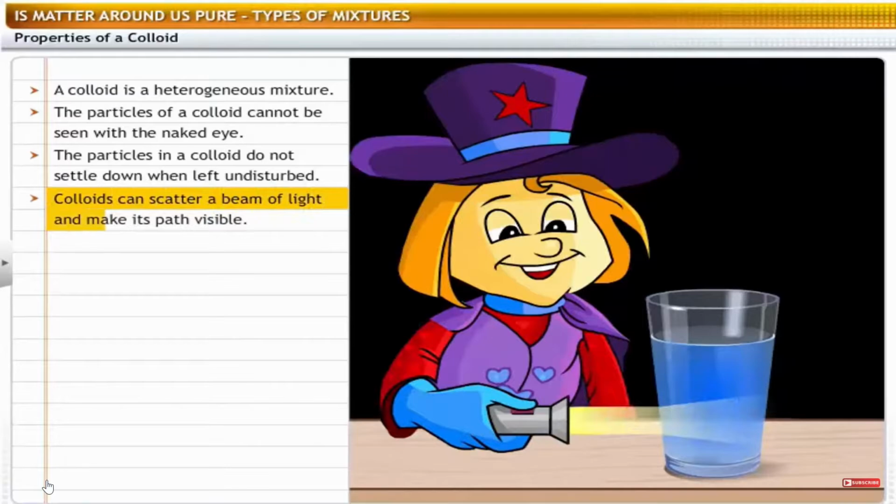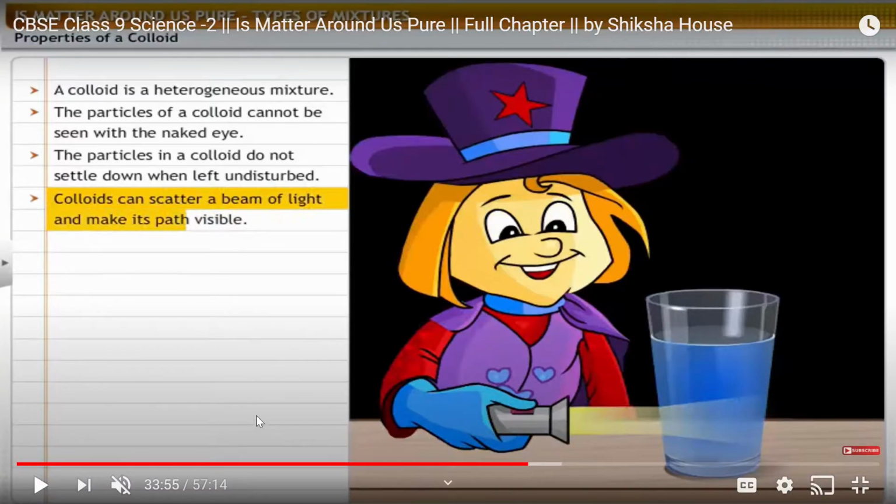You can see the beam of light coming from the torch is getting scattered, right? That means it shows Tyndall effect. Colloids can scatter the beam of light and it makes its path visible, so that means it will show Tyndall effect.